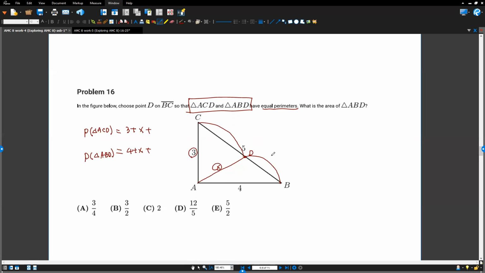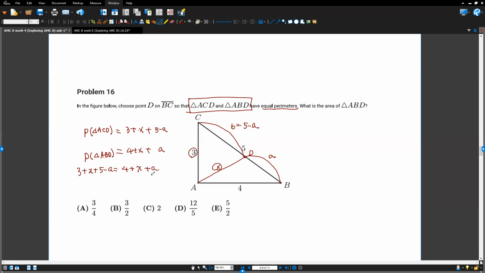If we take this as A, and this as B, then B equals 5 minus A. This side is 5 minus A. So the perimeter of ACD has 5 minus A over here, but this one is just A. They must be equal. So 5 minus A should equal the other, 4 plus X plus A.